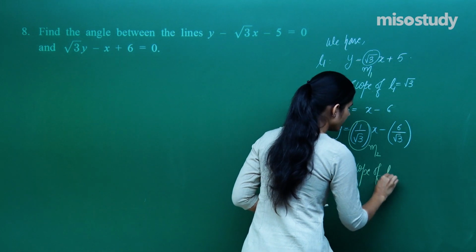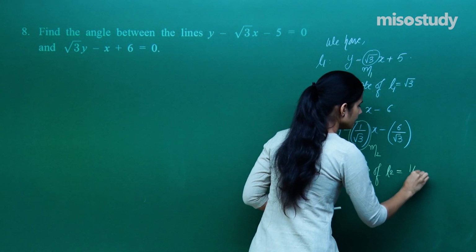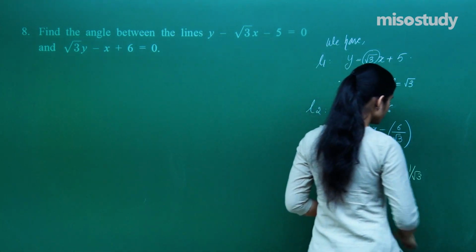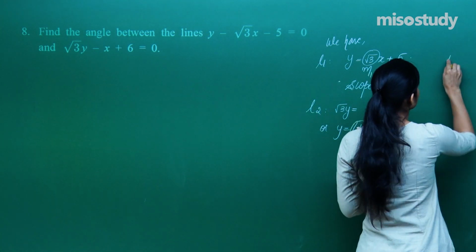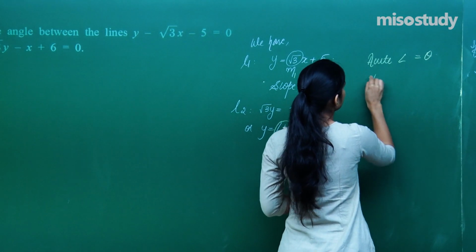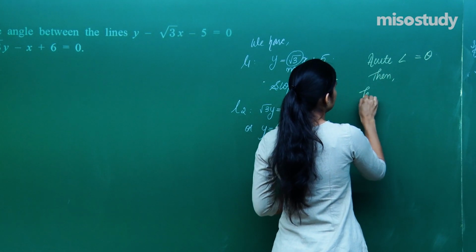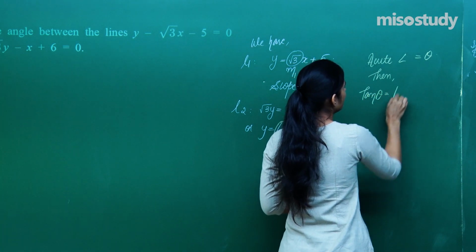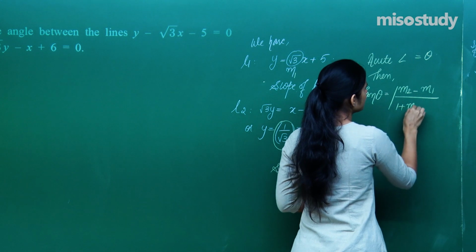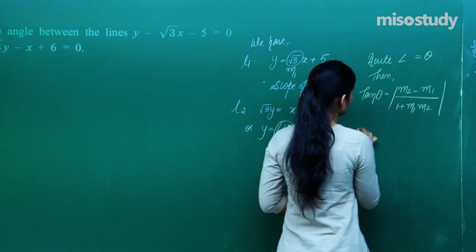The slope of L2 is 1 by root 3. If the acute angle is theta, then tan theta is mod of m2 minus m1 upon 1 plus m1 m2.